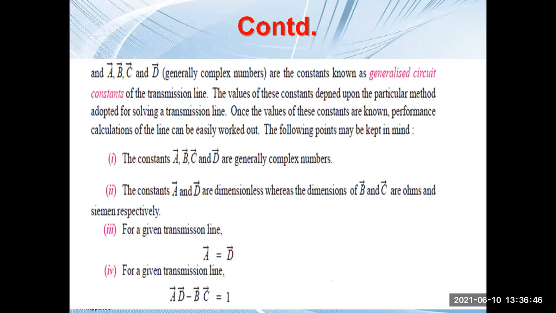Obviously, if you have taken a short transmission line and calculated the ABCD parameters, and now you take a medium transmission line with the help of the nominal pi method, do you think these two sets of ABCD parameters will be equal, or something different?